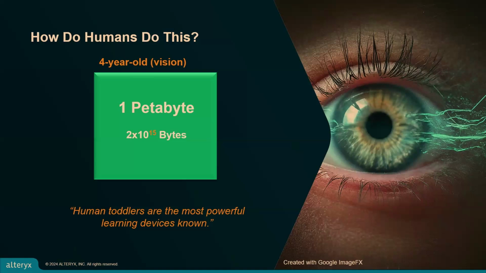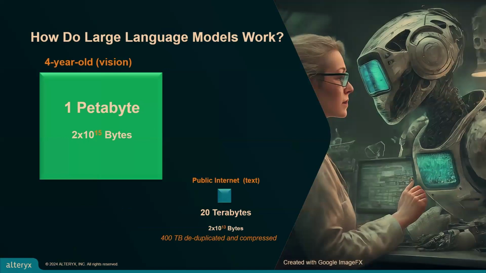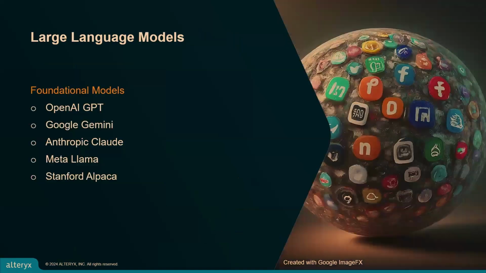By the time a human gets to age 4, just through their eyes, not smell, touch, taste, or hearing, just vision, they've taken in a petabyte of data. Let's put that in context: a petabyte, versus 20 terabytes of what these large language models are being built with. It's remarkable. These models are trying to imitate what we do as humans pretty darn well, and they're doing a pretty darn good job at it.